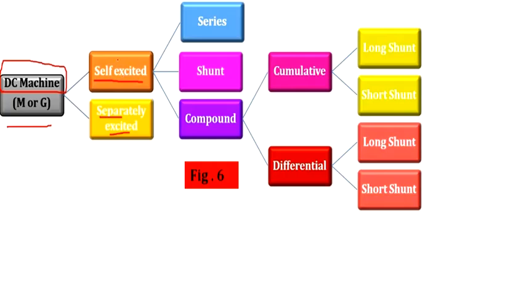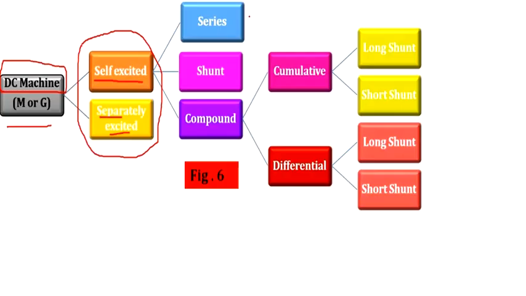It can be done as self-excitation or separate excitation. In detail, we will discuss later. Now, you just need to know there are two different types: one is self-excited, another one is separately excited.